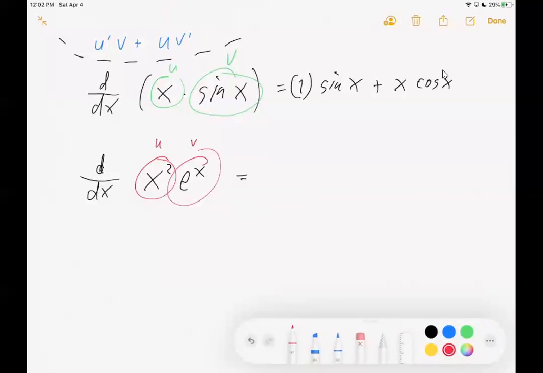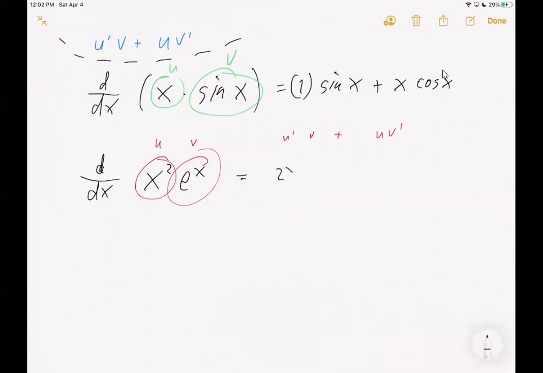All right, so u prime, and then I'll just write this over top. We're going to have u prime v. This is what we need to be thinking, plus u v prime. So u prime v is, u prime is 2x, v is just e to the x, plus u is x squared, v prime, the derivative of e to the x is still e to the x, so that's our answer.